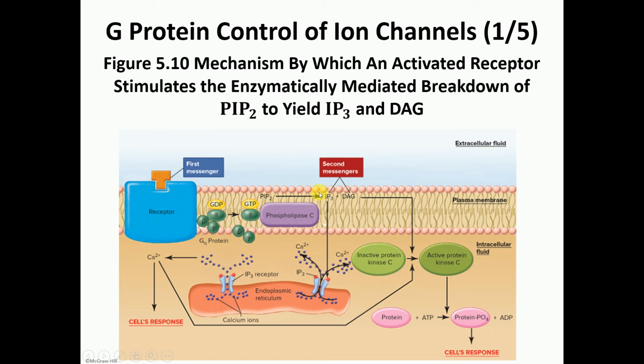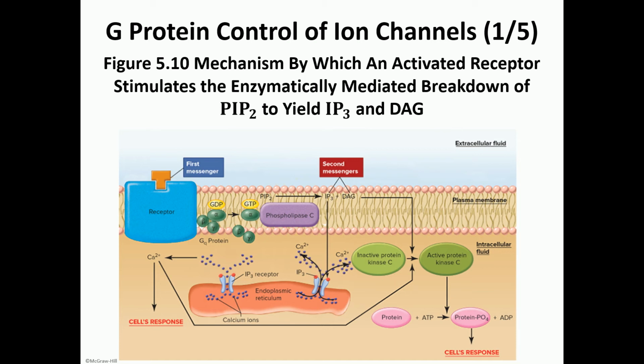While IP3 also diffuses and enters into the cell cytoplasm, and it activates ion channels, calcium ion channels that are found on the smooth ER. So remember from a previous chapter, we said that smooth endoplasmic reticulum stores calcium.